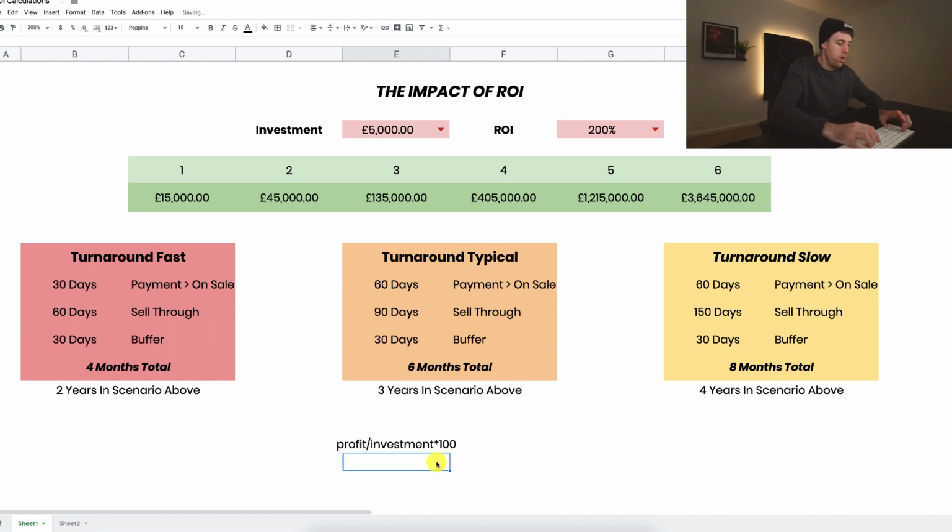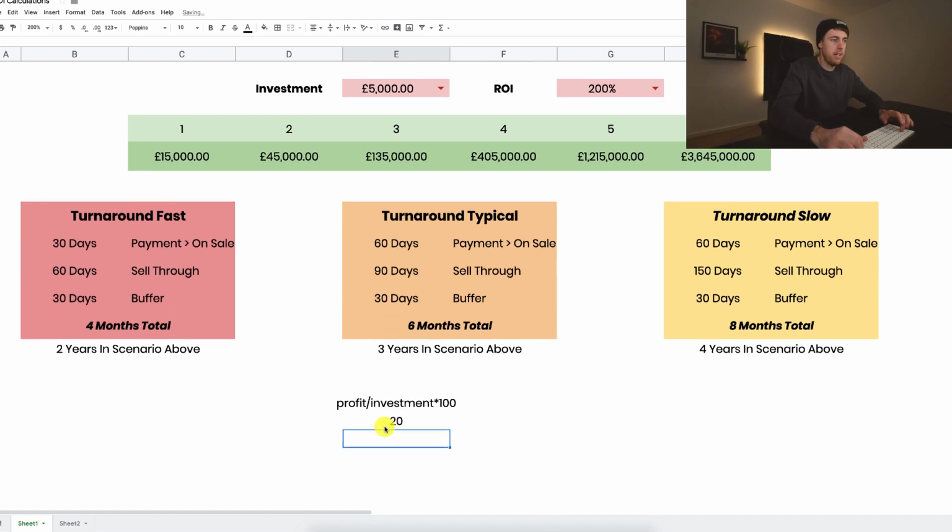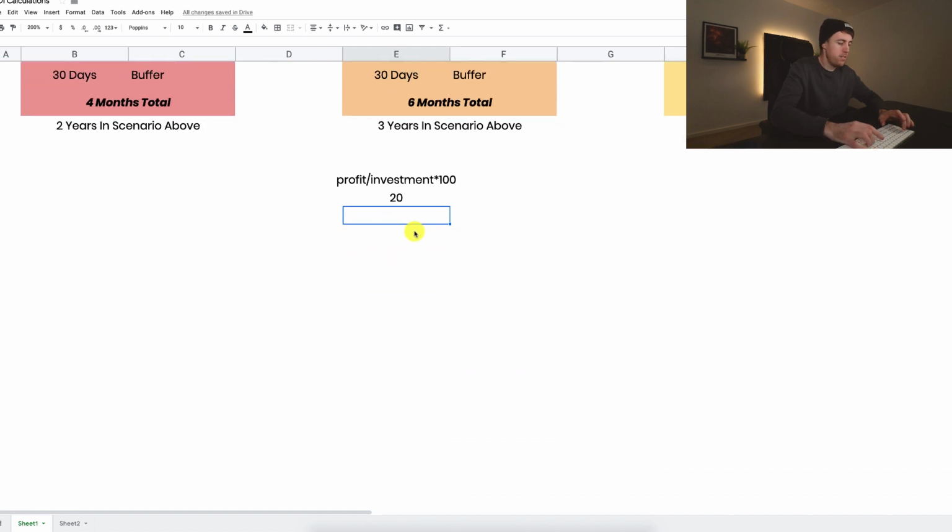Let's take an example of our £20 product, and our cost is £4. Our cost for a complete landing cost, everything, shipping, product, taxes, is £4. Let's take a profit of £4 as well. So this is our cost, or investment I should say, and then this is our profit.